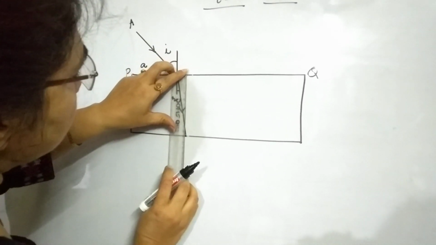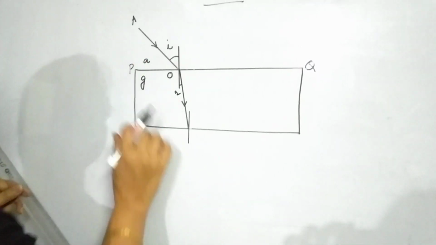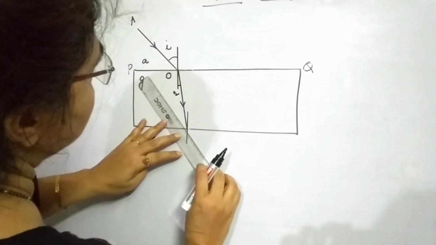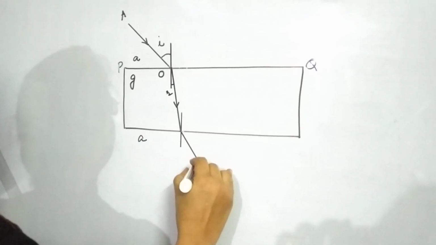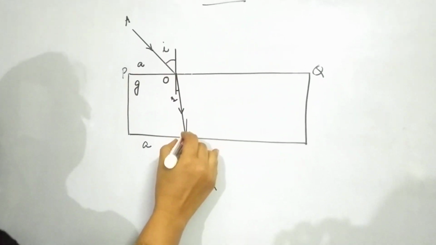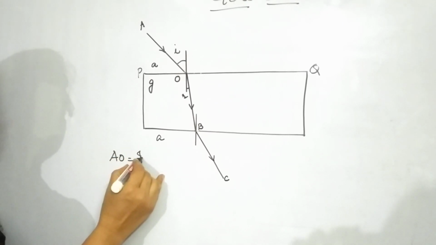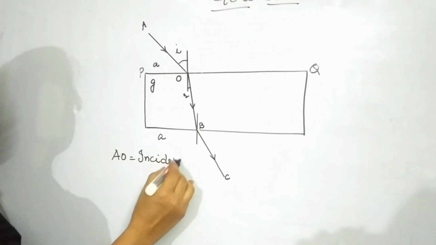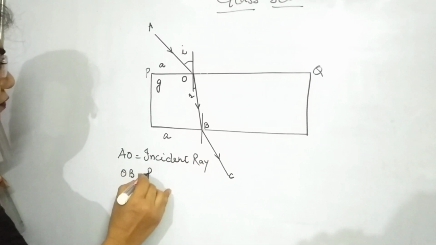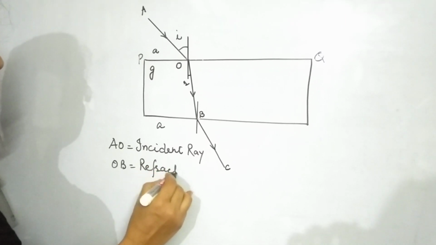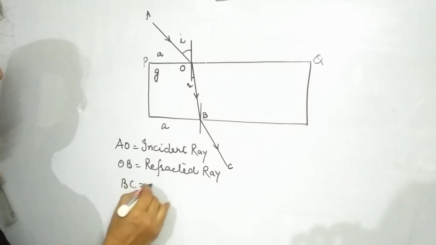Here again we will draw the normal. Now glass to air, it bends away from the normal. This is B and this is C. So in this way, AO is the incident ray, OB is the refracted ray, and BC is the emergent ray.